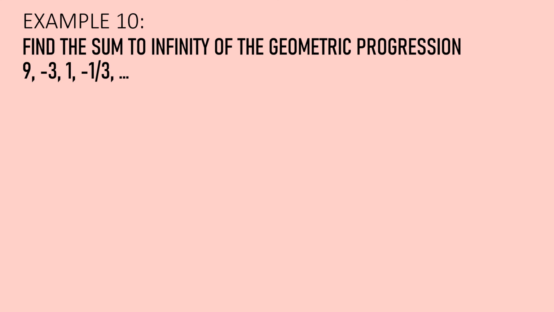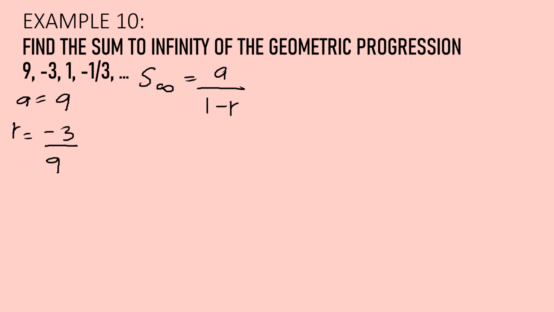Find the sum to infinity. The formula for sum to infinity is S equals A over 1 minus R. So A is 9, R is negative 3 over 9, which equals negative 1 over 3.